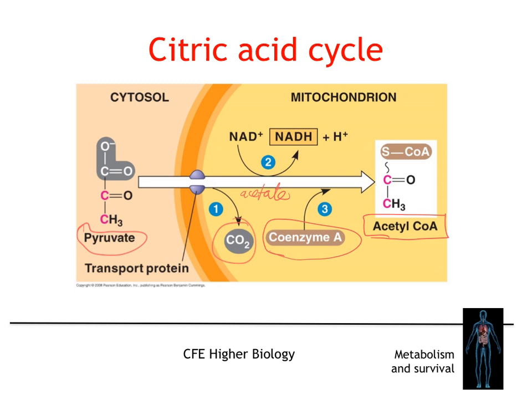And when this carbon dioxide is removed from the pyruvate to make the acetate, you get extra high energy electrons produced. Now the NAD that is here, remember we talked about that before, is an electron acceptor. It captures these electrons and it also attracts hydrogen ions to balance the charge, and that forms another molecule of NADH.